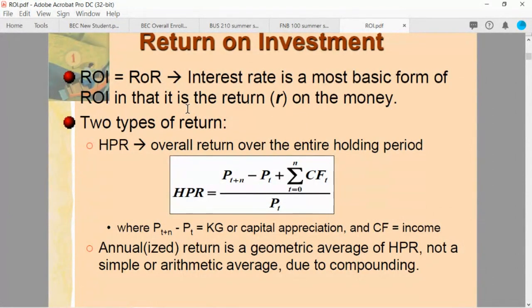So that means $10,000 grew to $15,000. Okay, makes sense? So this 50% return on investment goes to the bank, right?